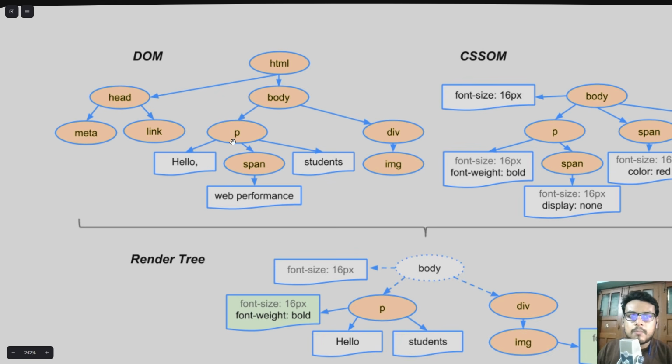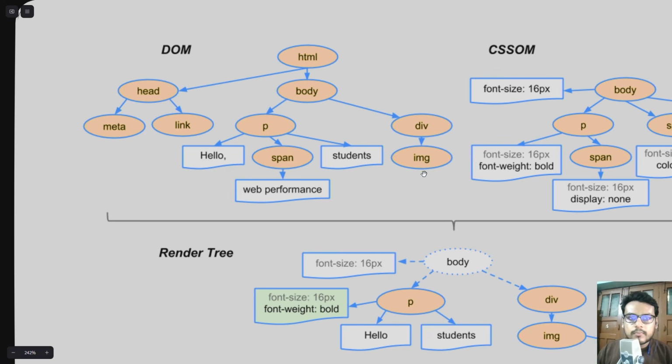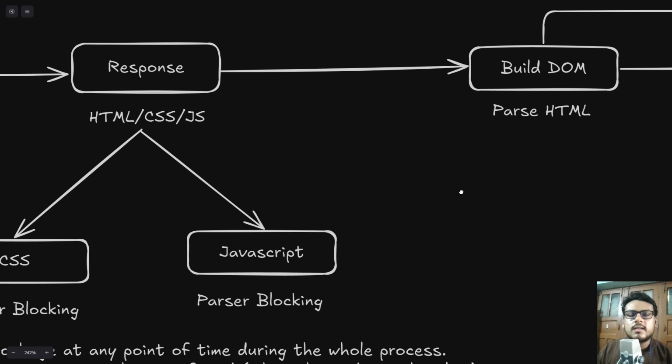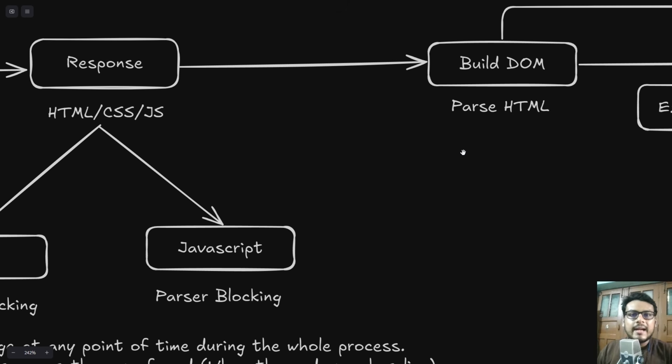For example, a p tag has a text, then we have a span tag, then again a text, then the body might have a div tag, and inside that there might be an image tag. So this is the DOM.